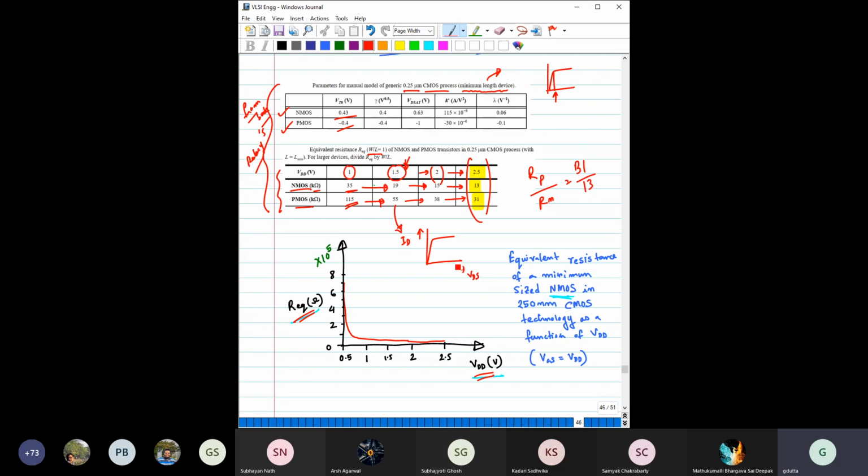This VDS is VDD 1.5 volt, and here VGS would also be equal to 1.5 volt, right? Because if the VDD supply voltage itself is 1.5, then VGS also has to be equal to 1.5 only, right? So please do remember that if it is 2, then you have changed it to 2 volts.